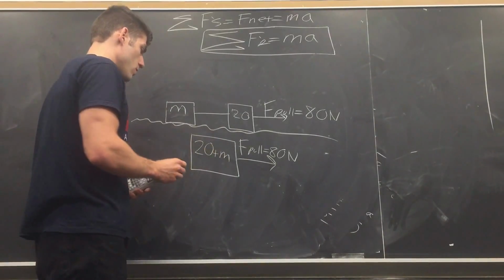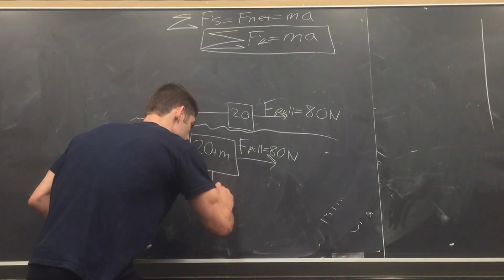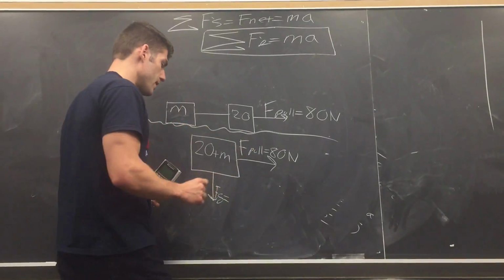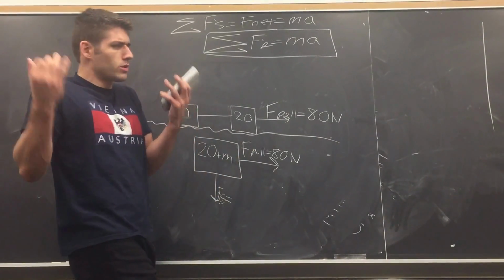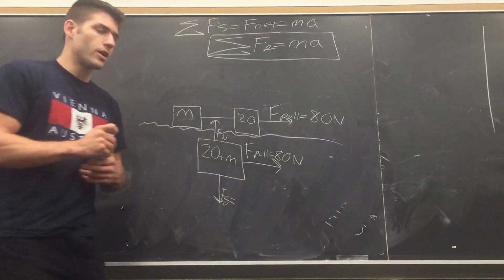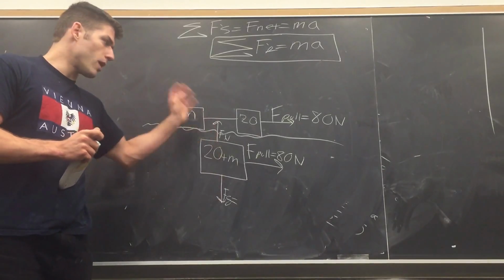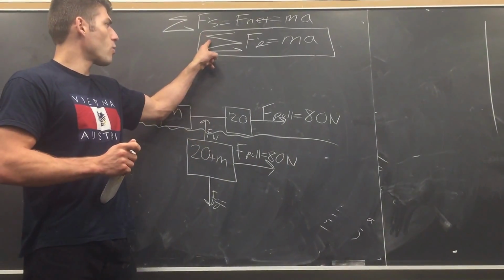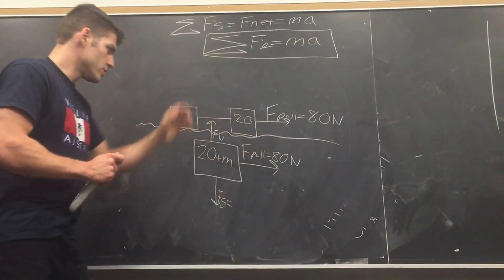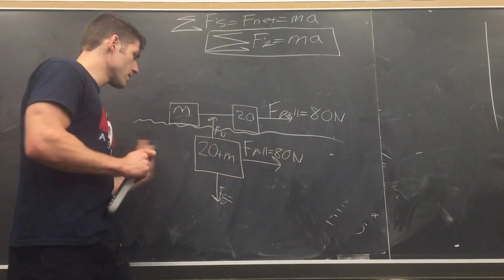Okay, so I have a force gravity of 20 plus m times 9.8, but I don't really care because I'm going to conclude that is going to be counteracted by my force normal, which is a safe assumption. So I'm not even going to worry about the y's, because one y minus the other y is equal to 0. So there's no acceleration up or down. So I'm only concerned with the x direction.